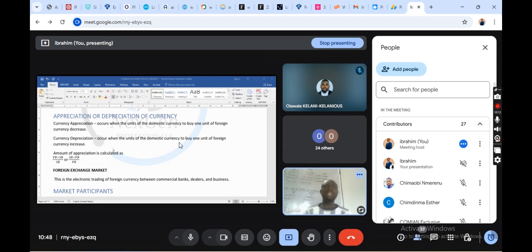Or the spot rate given to you, you calculate it and check: is the currency appreciating or depreciating? If the currency is appreciating, it means the forward exchange rate will also appreciate by a certain percentage. If it is depreciating, it means your forward exchange rate will also depreciate by a certain percentage. We'll get there.